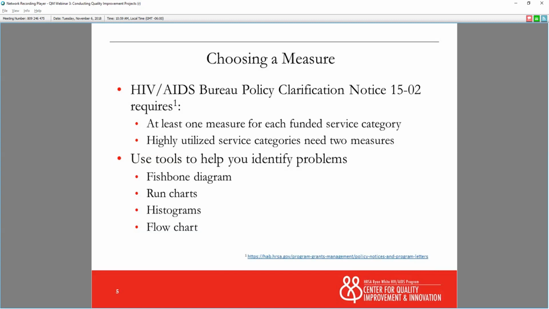The policy clarification notice also sets out that you need to use tools to help you identify the problems. I threw in some tools there. There's a lot more. If any of you are familiar with ASQ, they have a really interesting website, and there's a real good definition of what's commonly called the 7 tools of quality. These are some of them.